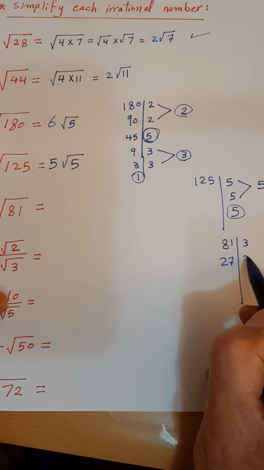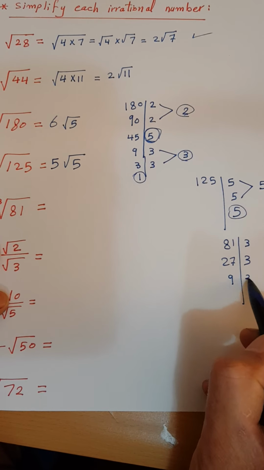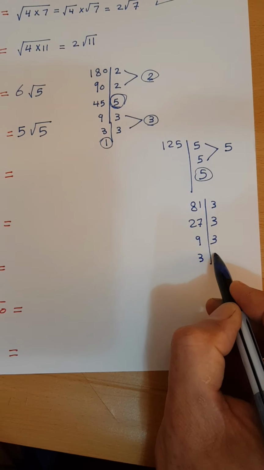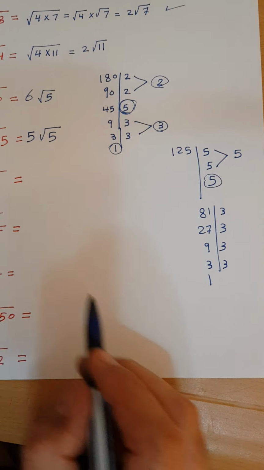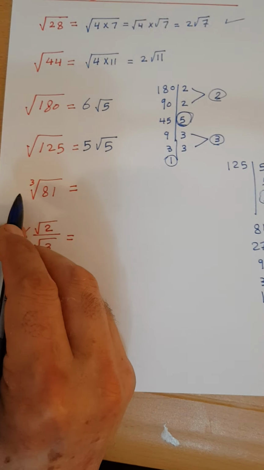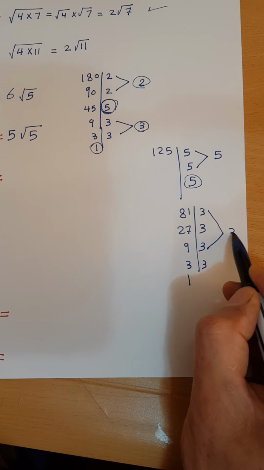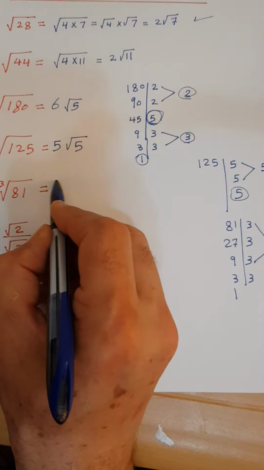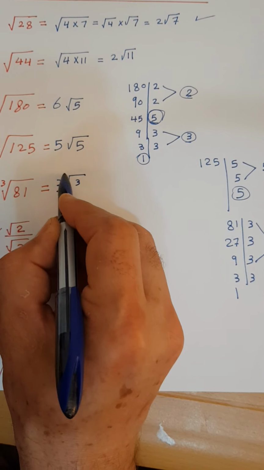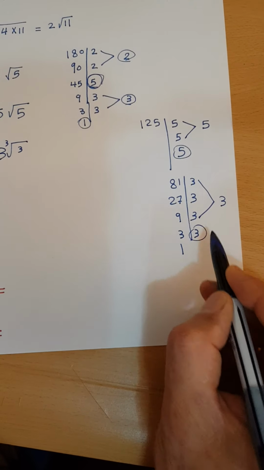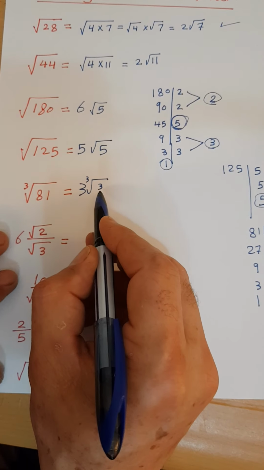Divided by 3 is 9. Divided by 3 is equal to 3. Divided by 3 is equal to 1. Since you are taking a cube root, don't forget from each three equal numbers, you take one of them. So the answer is 3 cube root of 3. This single 3 leave under the radical sign.